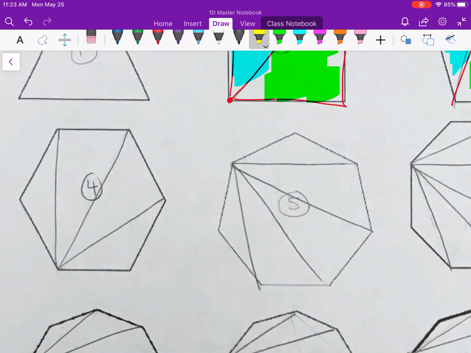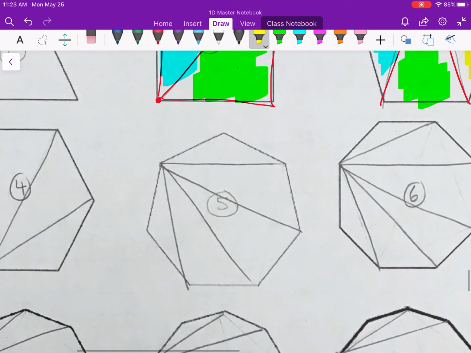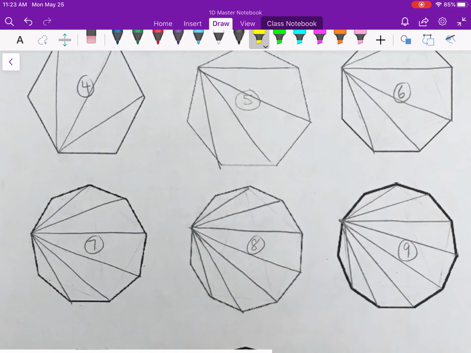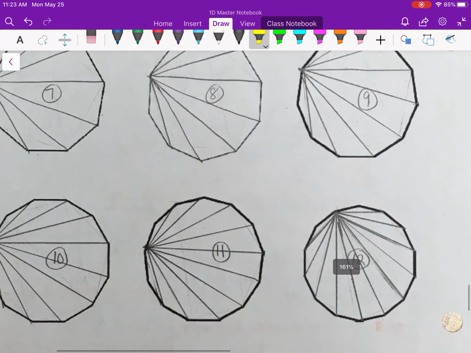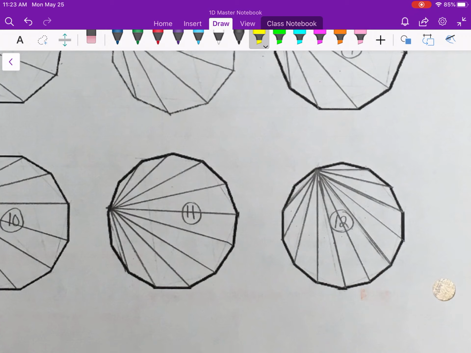Hexagon, I believe it is, for 6 sides can be divided into 4. Septagon into 5. Octagon into 6. And this goes all the way up to a 14-sided figure down here at the bottom. Although we could extend it to more. We could go to 100-sided or 1,000,000-sided. The pattern's going to hold.